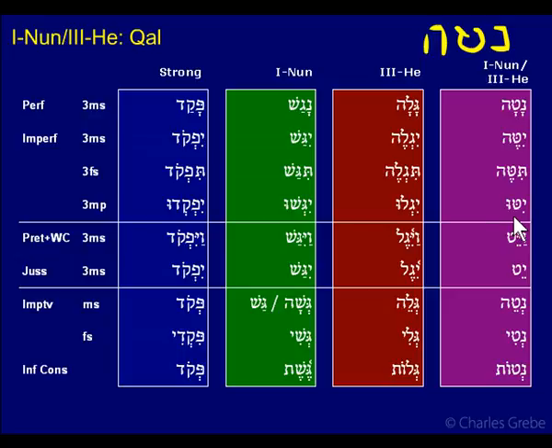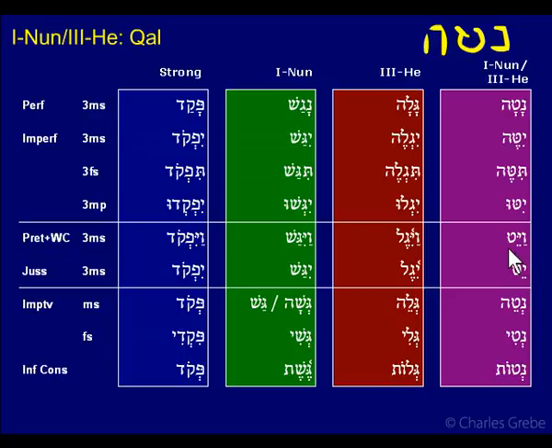So we have no hey, and we do assimilate the nun. So all we're left with here is just the tate. See, all we have left here is just this. Not much to go on. Over here, we at least had the hey, which we had here. But in the form where we have vocalic suffixes, the hey drops, and the nun assimilates, and so you're just left with one letter.